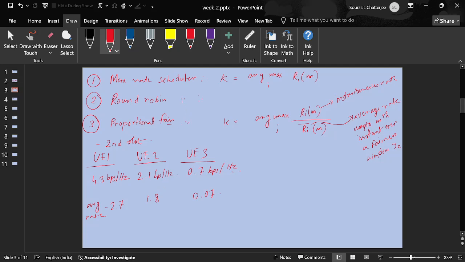So the round robin scheduler works in this way. It serves the user based on the slot index. Basically, in the first slot user 1, second slot user 2, third slot user 3, like that. So if I explicitly talk about the second slot, which user is the max rate scheduler going to choose?